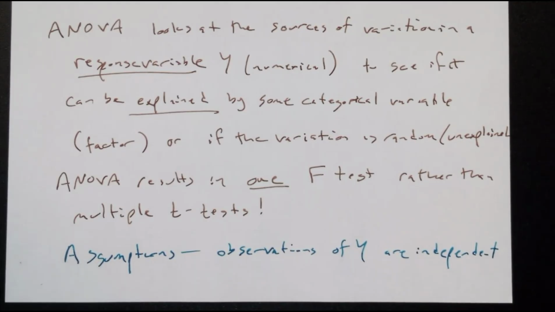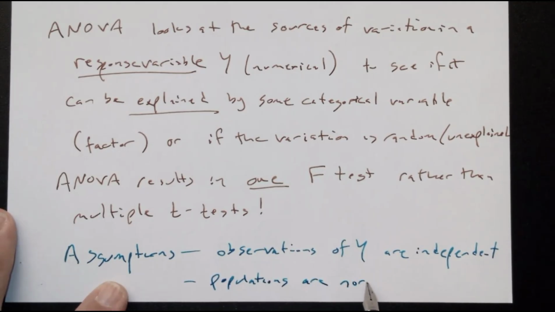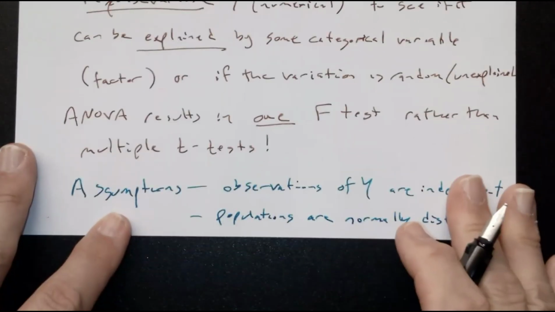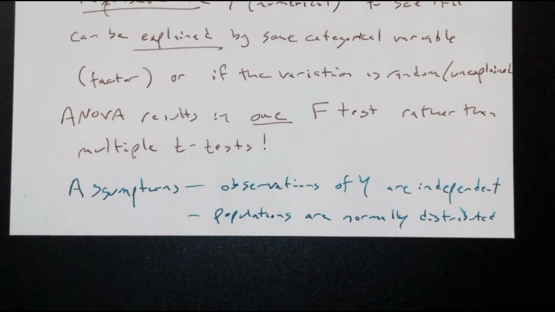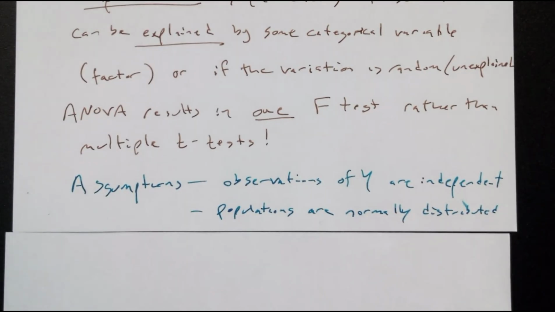I have to assume or test for the populations being normal. I have to make the assumption that the populations have equal variances.